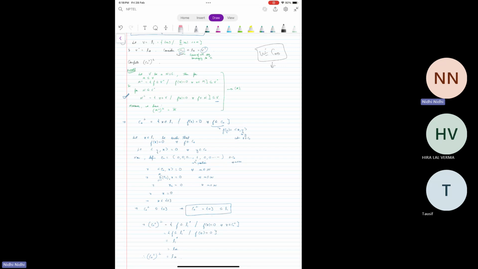Can you please try it? So in that case, we have V to be L1. Again, V star is L infinity. And I take c naught naught subset of L infinity, which is V star. Now you need to evaluate C naught naught perp. Just try it once and tell me what it should be.